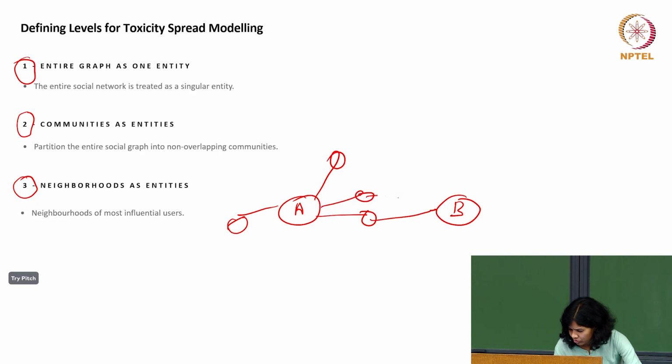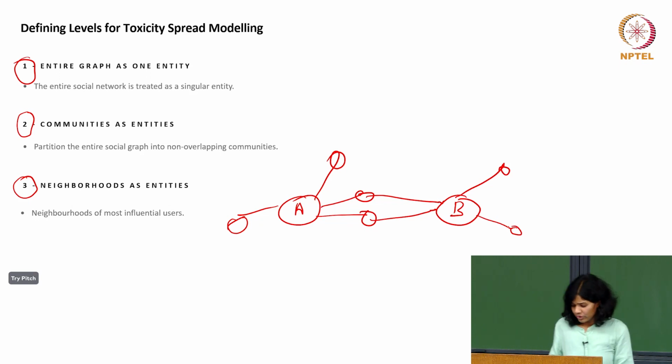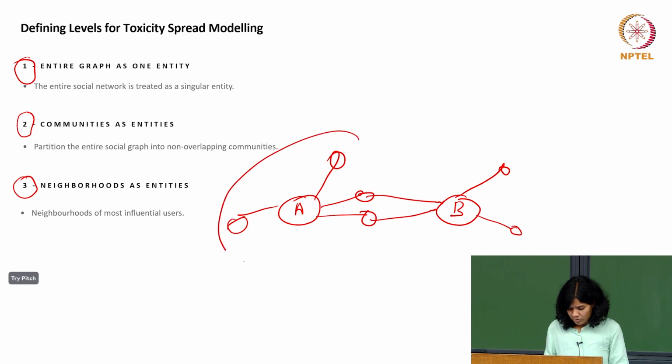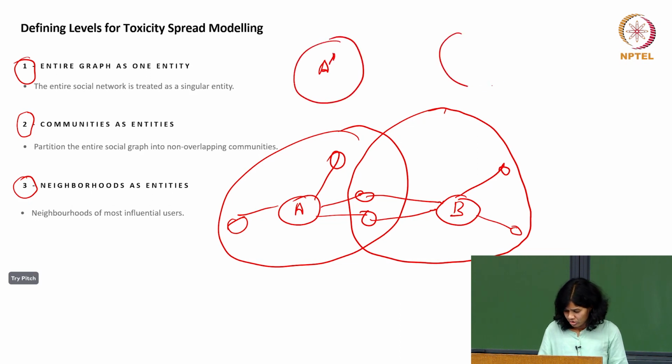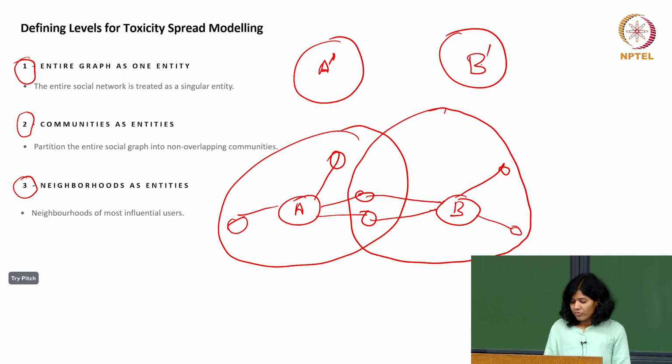So let me ask, let's say user A's neighborhood is this one, right? B's neighborhood is this one, okay? Now if I have to connect A's neighborhood, A is one entity now, right? So this is A, let's say A dash, this is another entity, B is B dash. If I have to connect these two neighborhoods, what should be the edge weight?